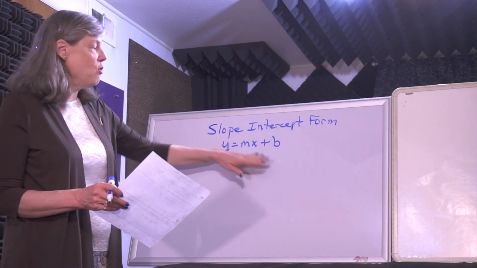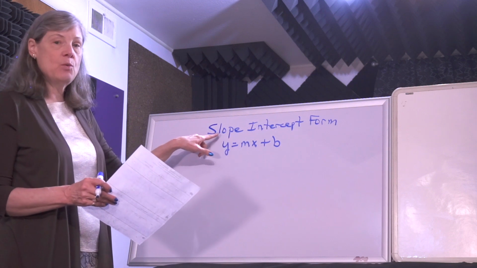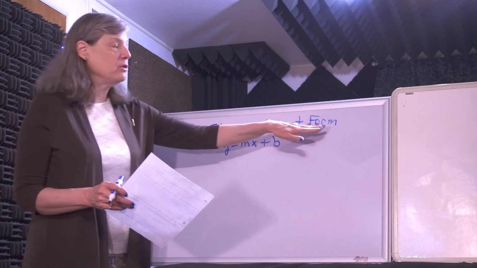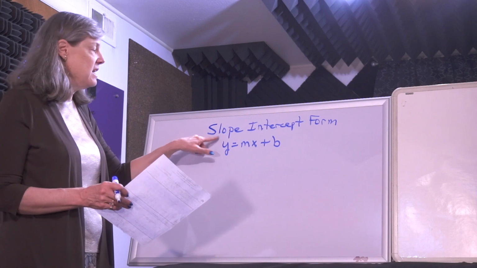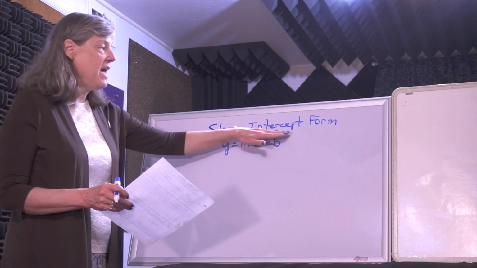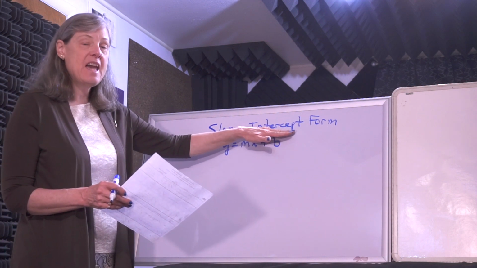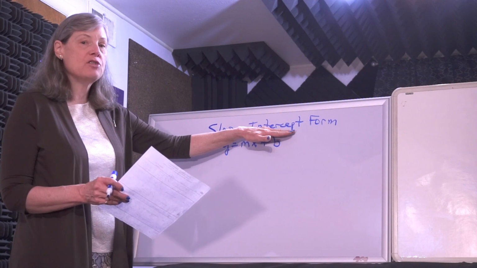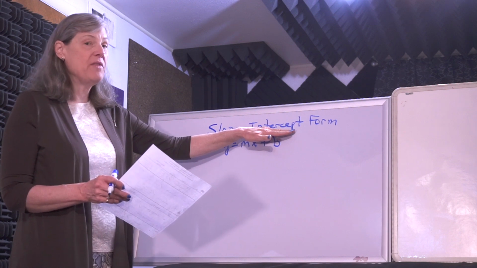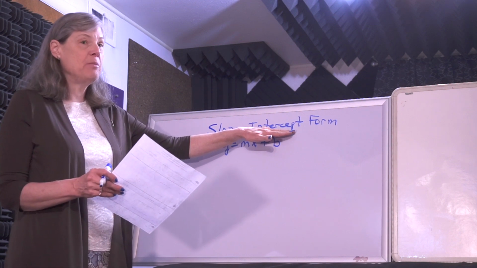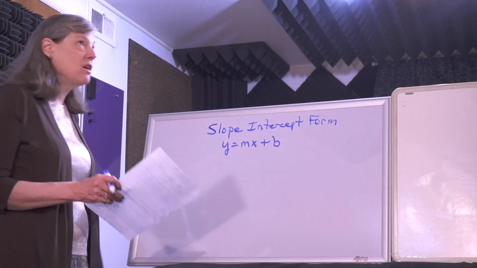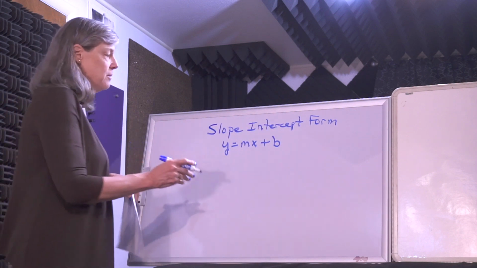And this form gives us everything we need to be able to graph. It gives us a slope and an intercept, in this case, the y-intercept point. Remember what the x is in a y-intercept point? You think about that and we'll see if you got it right when I get to it.